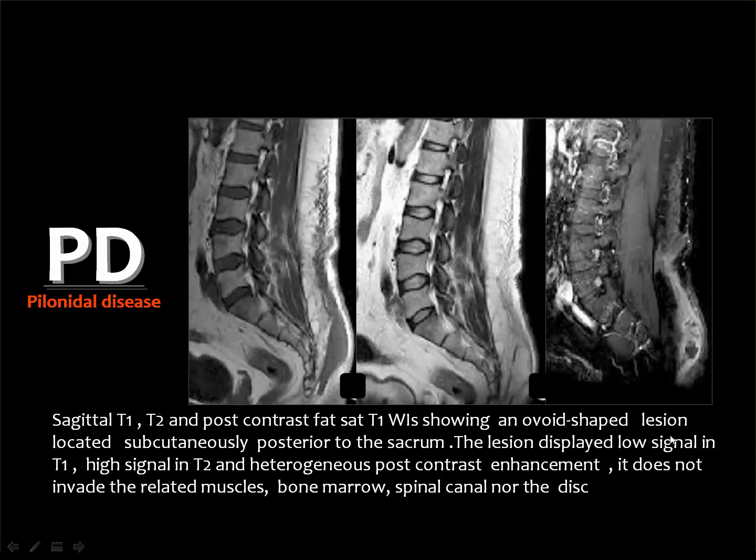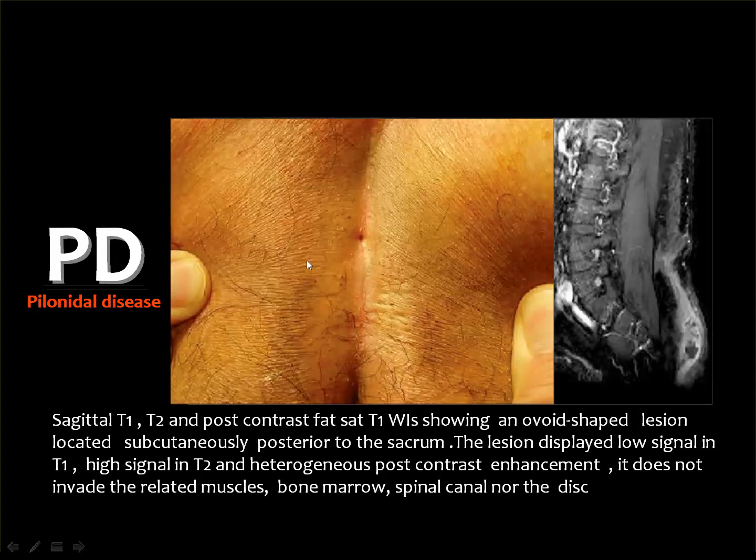And here you see an inflammatory collection with abscess formation along the back of the sacrum, and this is known as pilonidal disease. Low signal in the T1, high signal in the T2, and some marginal enhancement denoting the presence of abscesses, and this is the appearance of the patient.